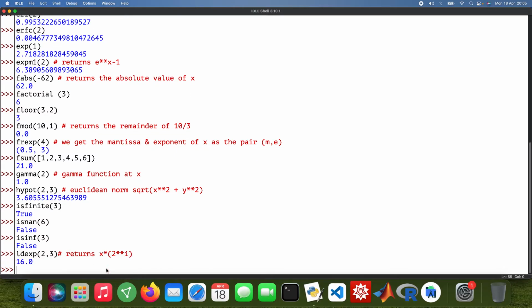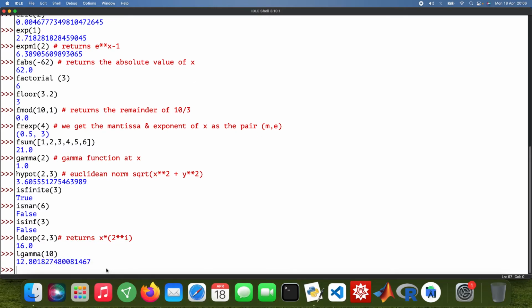Continuing further, so the natural log of gamma, lgamma. And then log1p. So there's 3.